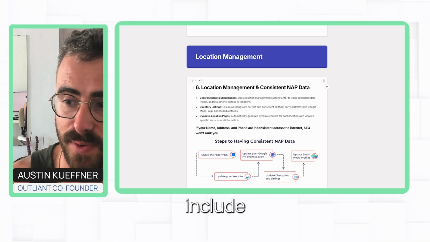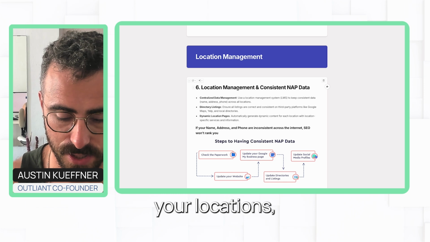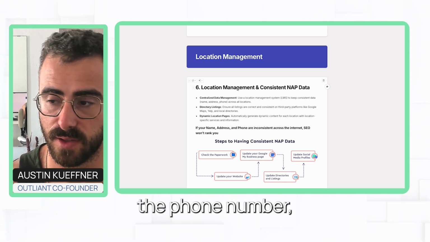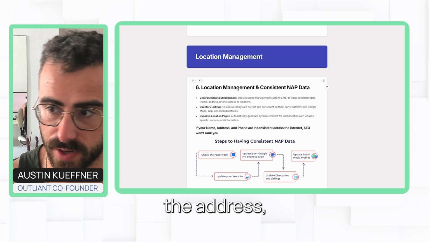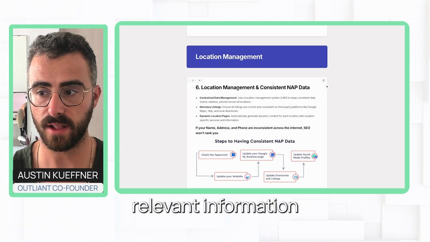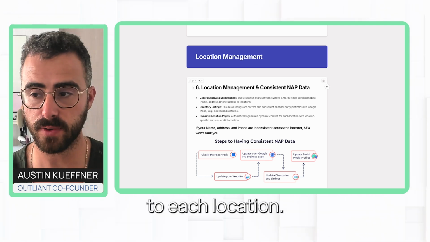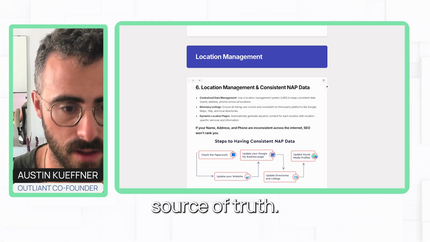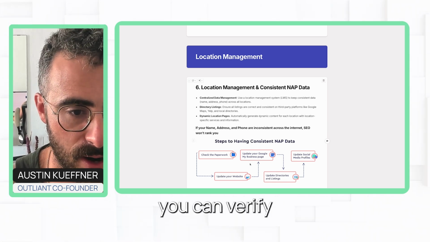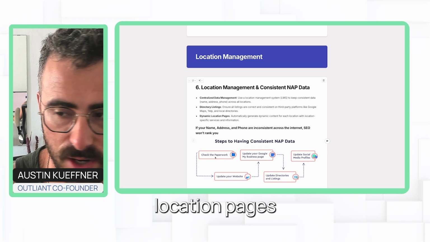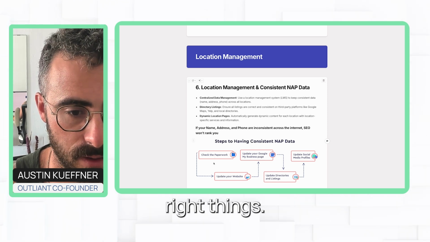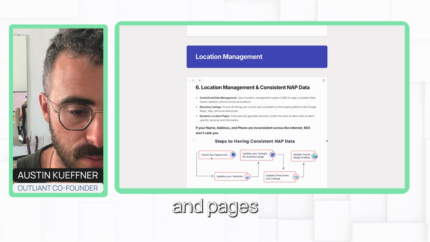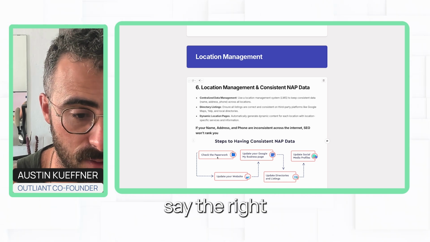And what that database would include is the name of each of your locations, the hours of operation for each of your locations, the phone number, the address, and all other relevant information to each location. It serves as your source of truth. So that way you can verify that all of your location pages and directory say the right things, right?